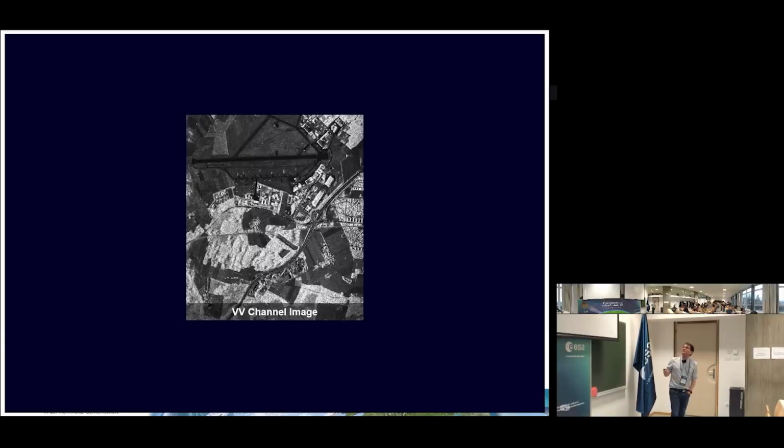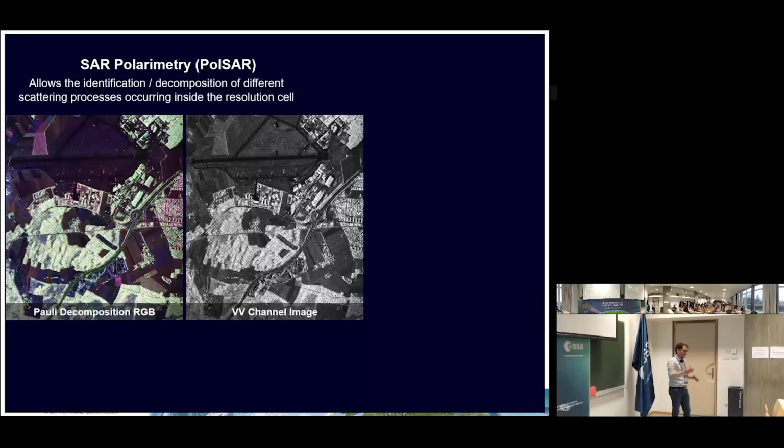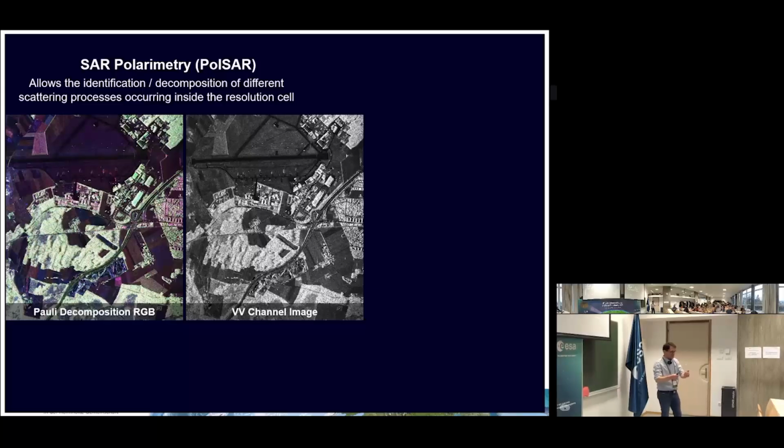Of course, you can also move from such an acquisition to something a bit more composite. You can start now to transmit polarization. You transmit a horizontally polarized wave, and then you receive back a horizontally and vertically polarized wave, and then you transmit a vertically polarized wave, and again you get back a horizontally and a vertically polarized wave. So what happens is that you can make all the combinations.